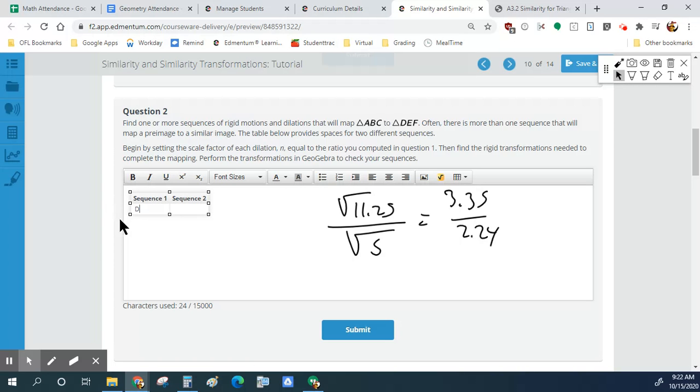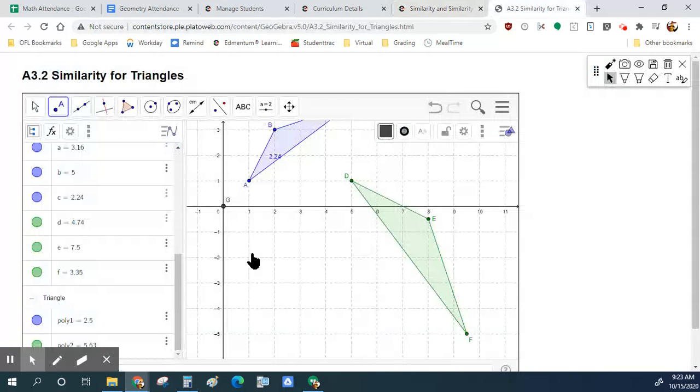In geometry, if we're doing dilation, we write a big D, and then a little subscript of whatever our scale factor is. And our scale factor is 3.35 divided by 2.24. So that's our first sequence, and our next sequence is how we're going to move this over.